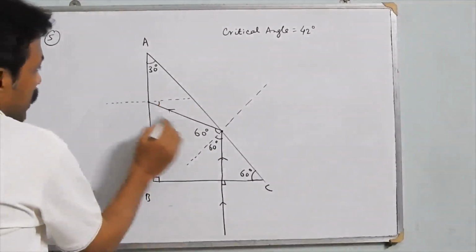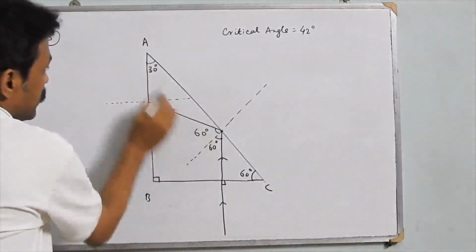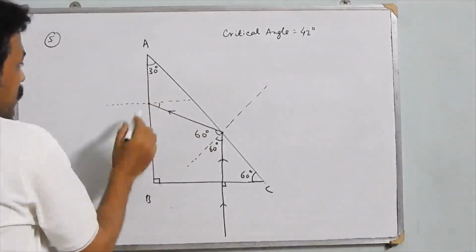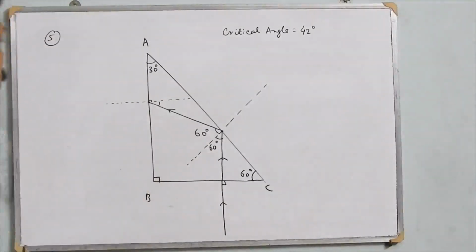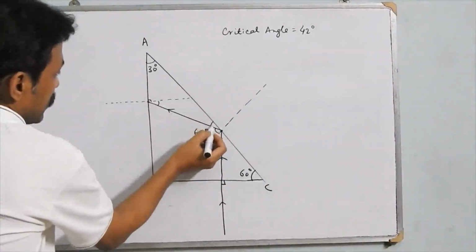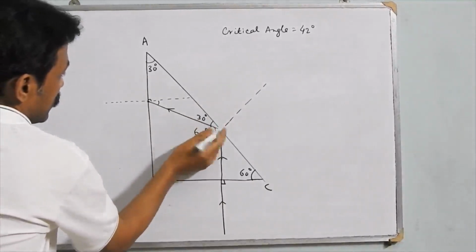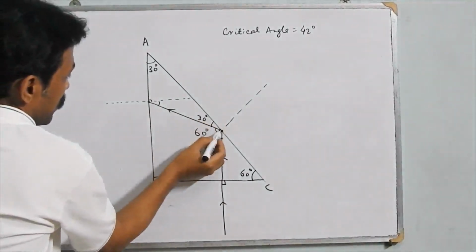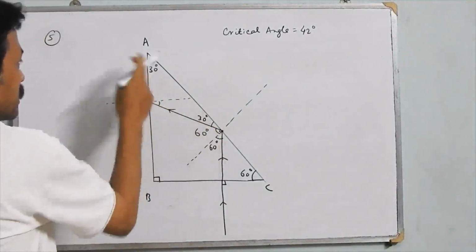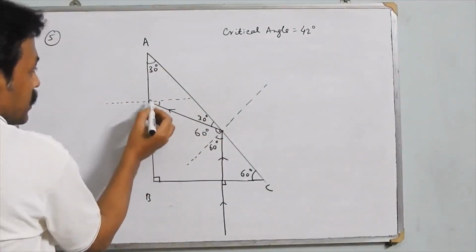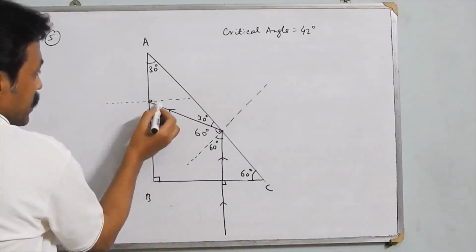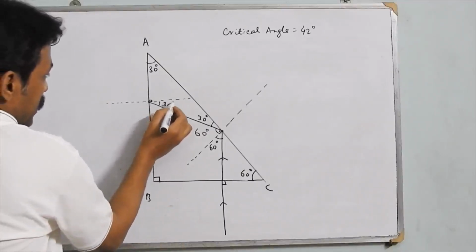This is actually a triangle, definitely. So, what will be this angle? This angle is 90 degree, we know that, because it is a perpendicular. So, this is 30, because this is perpendicular. So, 30 plus 30 is 60. This angle is obviously 120. This angle becomes 90 degree. So, 120 minus 90, this is 30 degree.